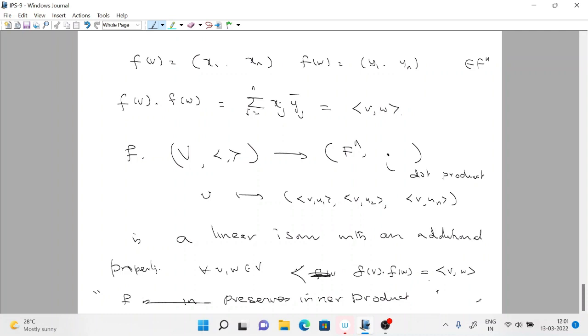What does that mean? Again, have a picture. This is a very trivial picture. Okay, this is your v, and this may be w, and the length and the angle, whatever it may mean, that is, this is your F^n. This is your v, and it may go like this, but the length is preserved.